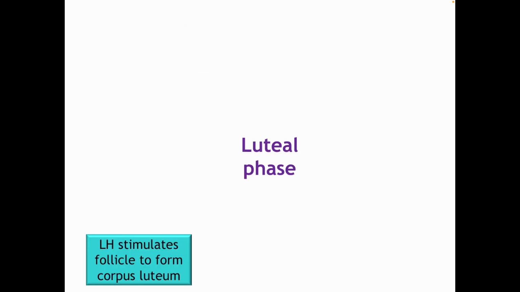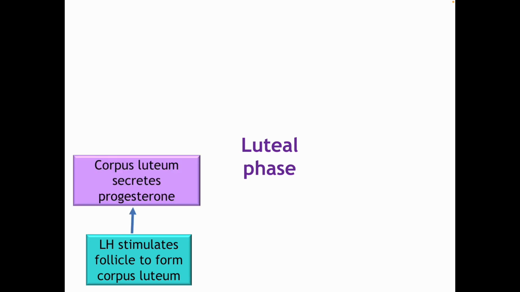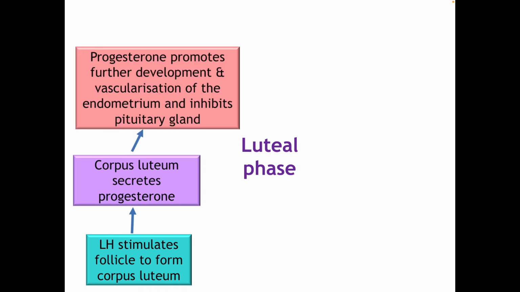To summarise the luteal phase, following ovulation, LH stimulates the empty follicle to form a corpus luteum. The corpus luteum secretes progesterone. Progesterone causes further development and vascularisation of the endometrium, and it also inhibits the pituitary gland.